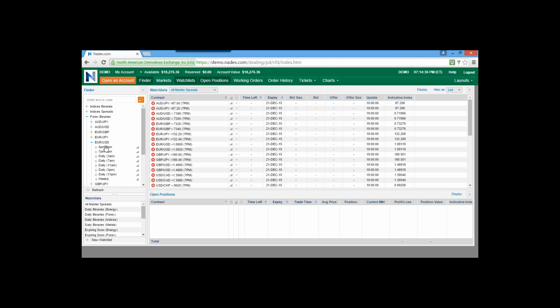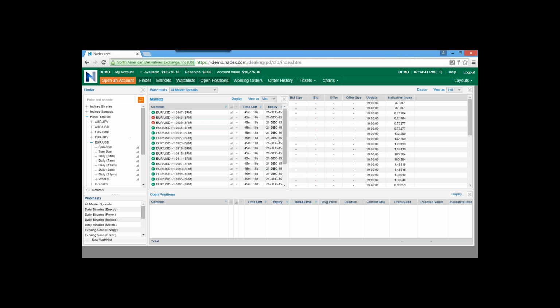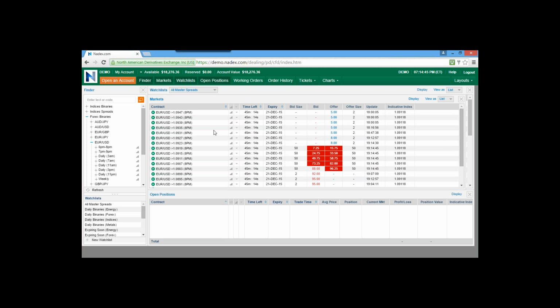So for example, if we just click this 6 to 8 right here, this is going to pull up and show us all the options available that expire at 8 p.m. Okay? Each one of these right here is a different binary option contract. All right? And we can look at them, and what is that? What is a binary option contract? Well, it's very simple.